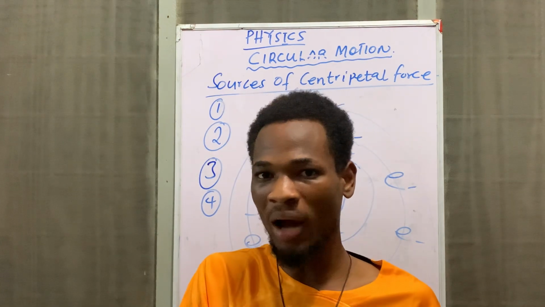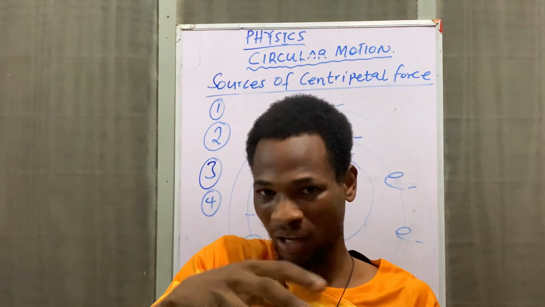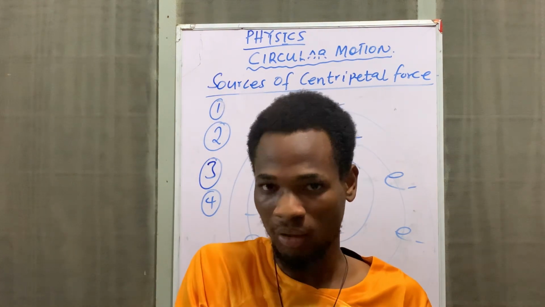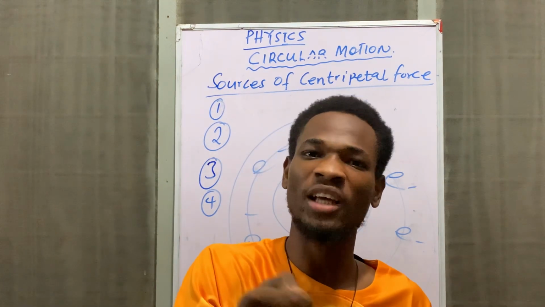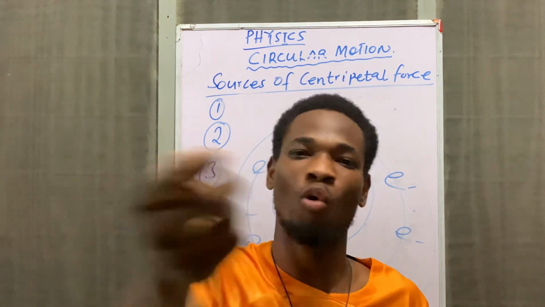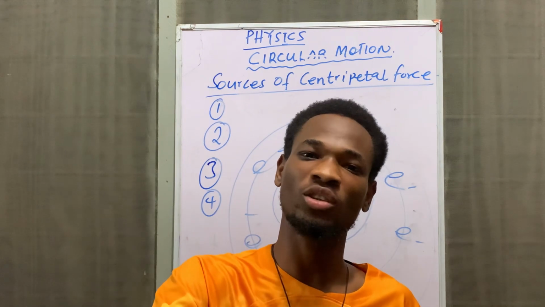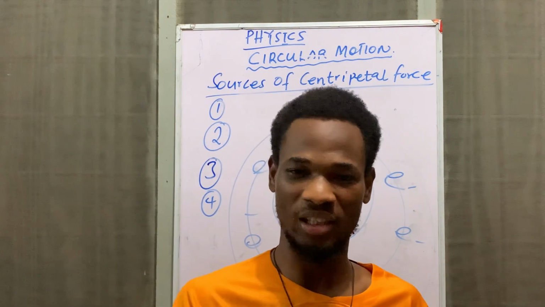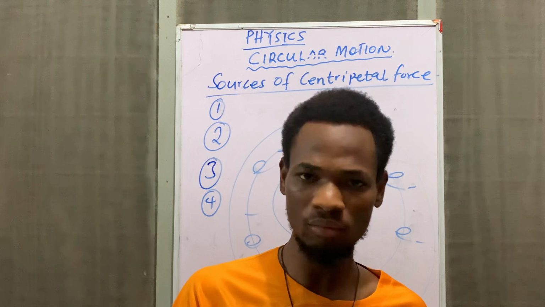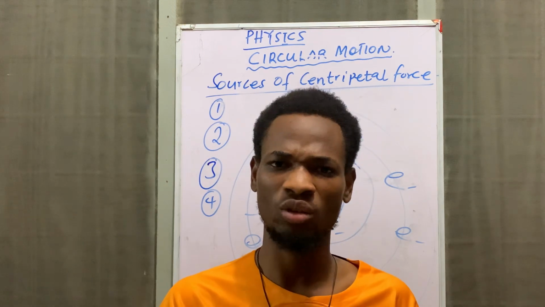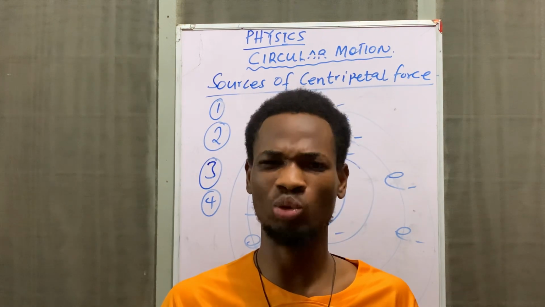Why is it assuming that shape or that form? It is doing so because there is a force called the magnetic force. So it is this magnetic force that will enable the charged body to undergo the circular motion. I hope it's understandable.